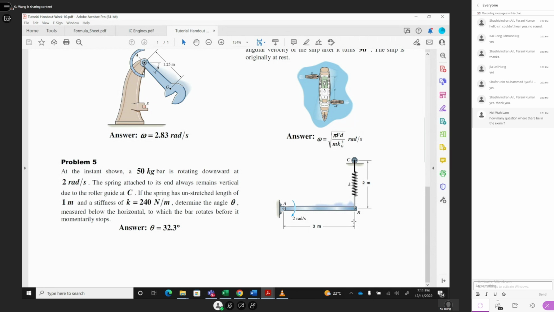Okay, and that's all, because at the end you don't have gravity potential energy, and you don't have kinetic energy because it fully stopped. So you only have the pure spring potential energy equal to this position. At the start you have the spring potential energy, the gravity potential energy, and the kinetic energy of this bar, since it's moving with an omega here. So how can we solve that?